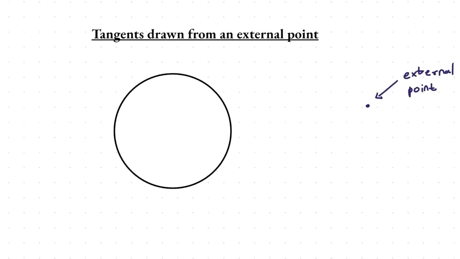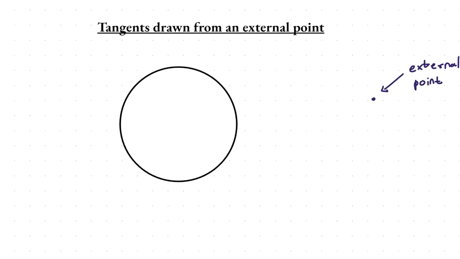From this external point, I can draw tangents to the circle. From this point I can draw one tangent like this, touching the circle. So this is a tangent.